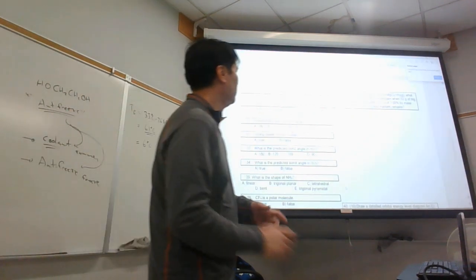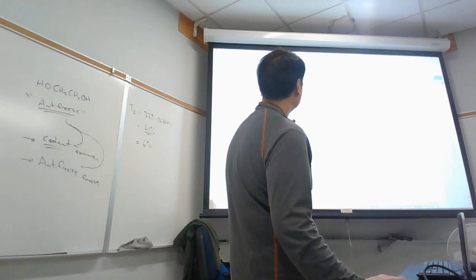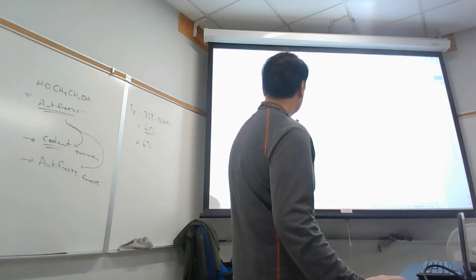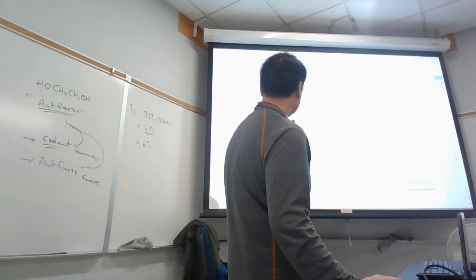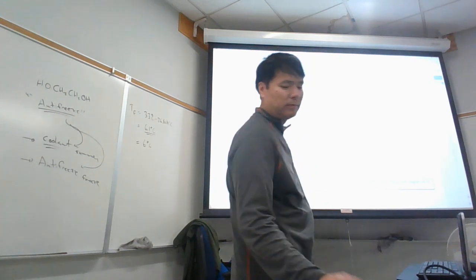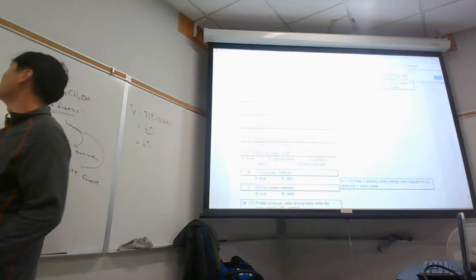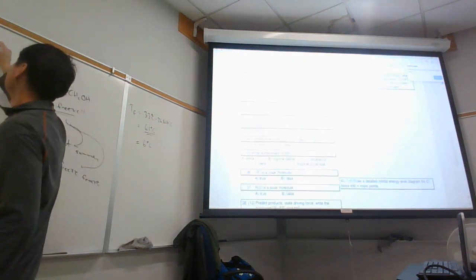Let's go over what is the shape of NH3. What is the shape of NH3? Trigonal pyramidal. Yeah, trigonal pyramidal. Because when we do the Lewis structure for NH3, it looks like this: nitrogen with one lone pair, 3 bonds.